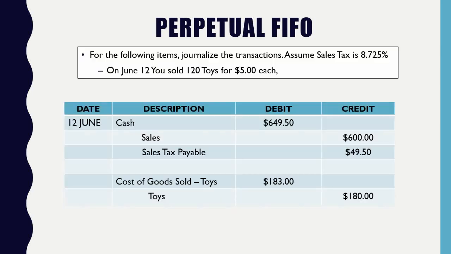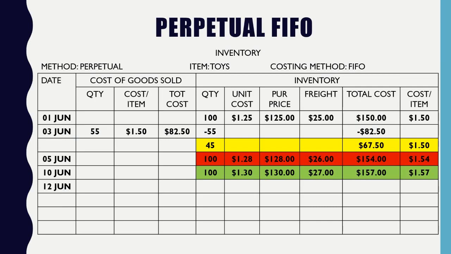So then what happened on June 12th is you end up selling another 120 toys for $5 each. In this case, let's take a look at my batches of inventory. I have three boxes right now, one that's already opened. Can I cover all 120 units with the very first batch of inventory? No, you would have to use the whole 45.